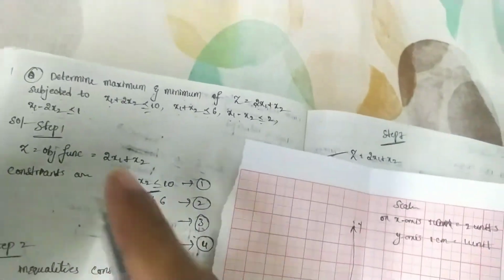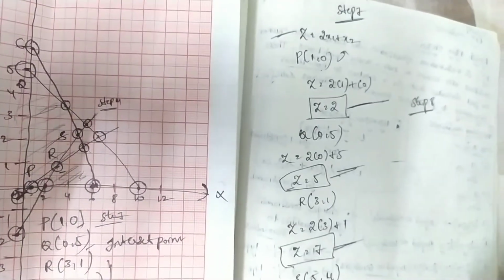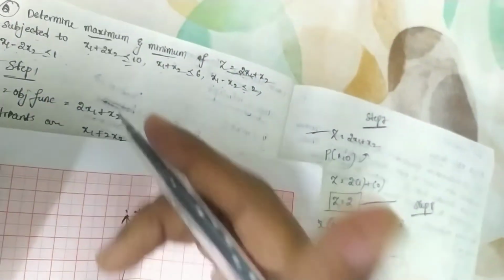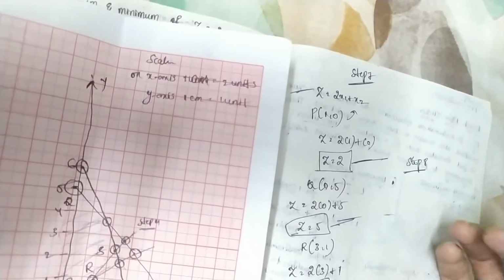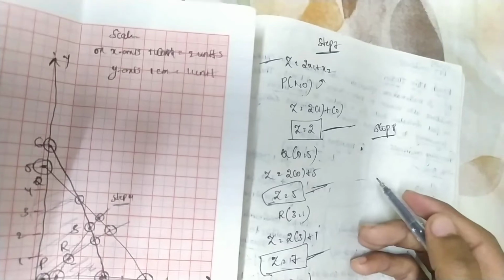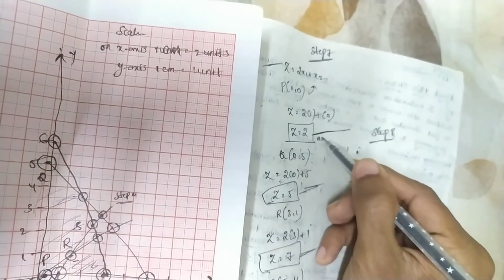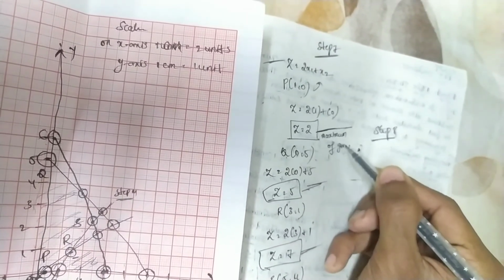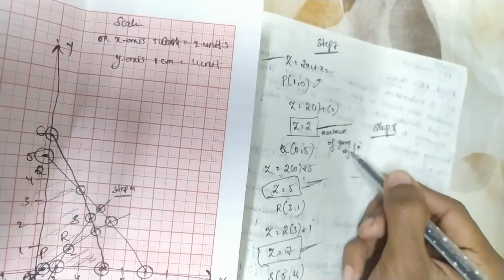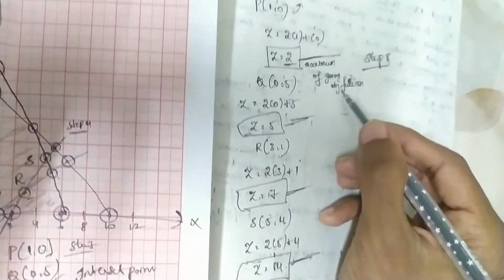Your question is: determine maximum and minimum of z. So here the maximum value of z is what? If we are asked for the maximum of z, we have to take the least value of z, that is z equals 2, which is the maximum of the given objective function.